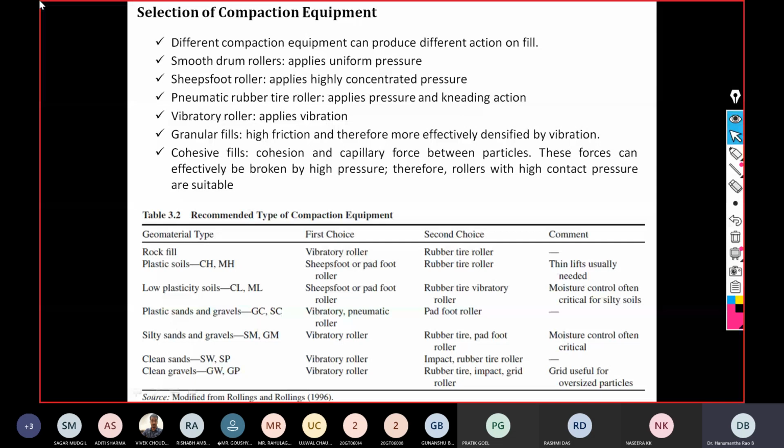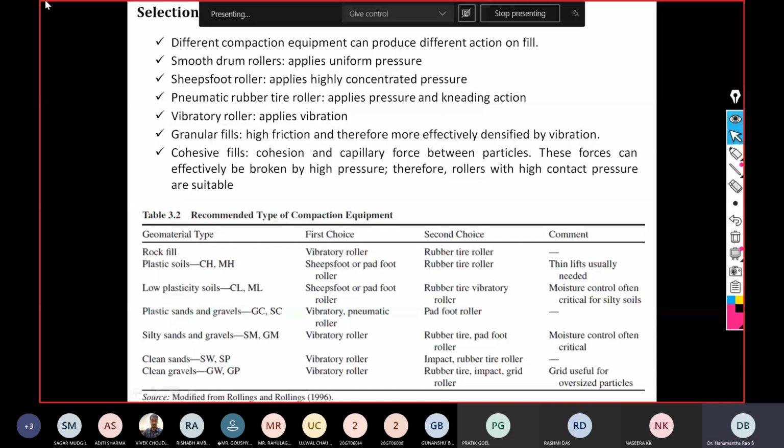However, the selection may depend on the relative proportion between the clay content and the gravel content. If the clay content is minimal, then we can go for the vibratory or pneumatic roller. But if you find that the clay or the silt fraction is reasonably dominant, then we can also use a pad foot roller.